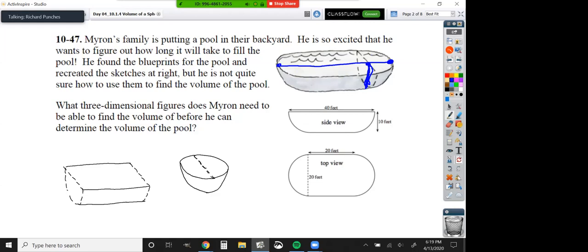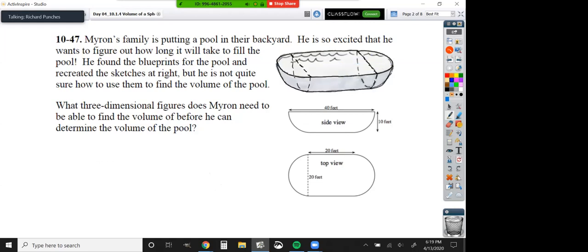The 20 feet that they're showing here is the distance from here to here, or along the edge, if that helps you. That's going to be this distance. And it's also 20 feet across. So if it's 20 feet this way, that would give this part a radius of 10. So we'll use those later on to find the volumes.